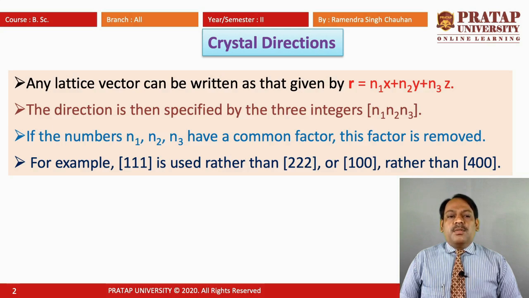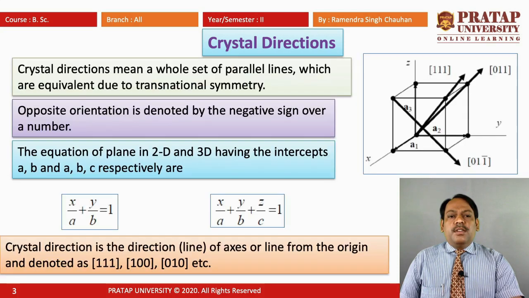Similarly, if we have 4, 0, 0, that is n1 equal to 4, n2 equal to 0 and n3 equal to 0, we can write 1, 0, 0. In that way we can give this set of integers n1, n2, n3.